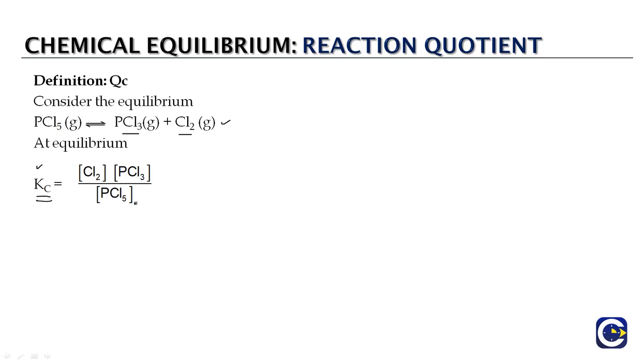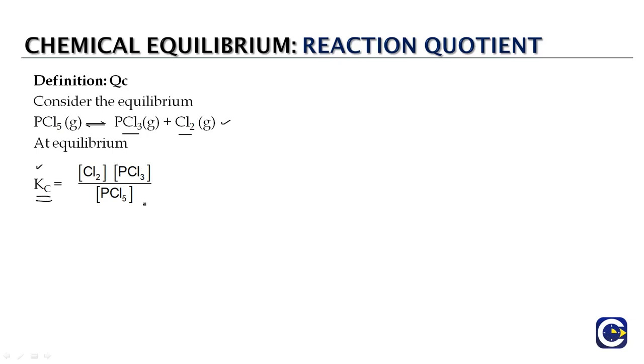So Kc will be the product concentrations, each of them raised to the respective powers, divided by the reactant concentration. Of course here all the powers will be 1, so Kc value will be equal to the Cl2 concentration into PCl3 concentration by PCl5 concentration.